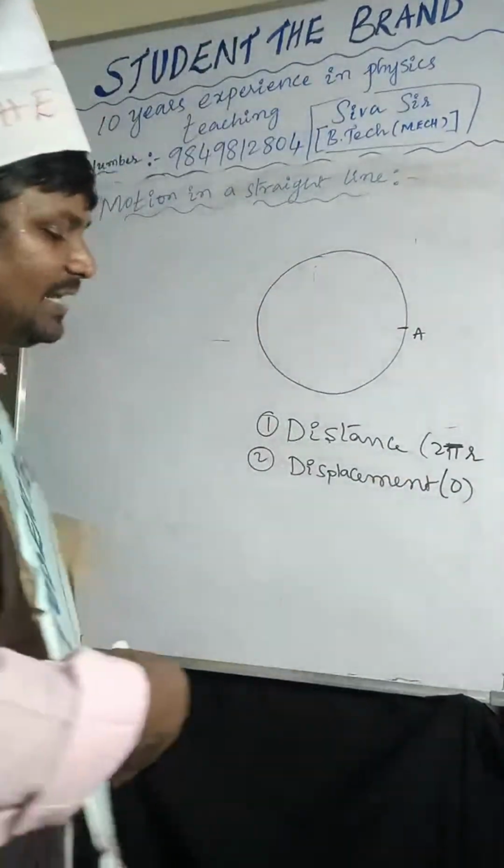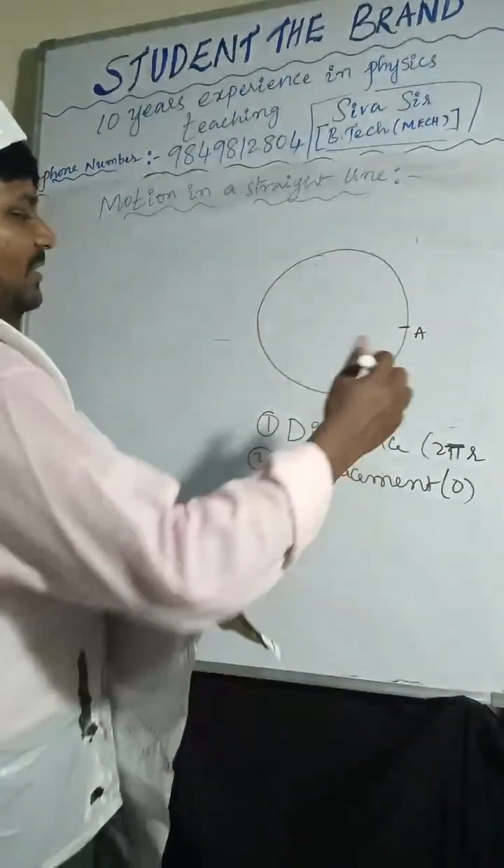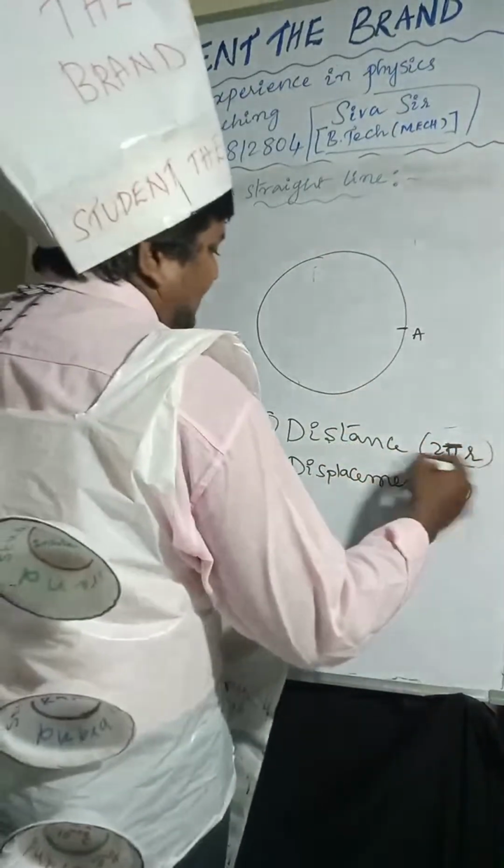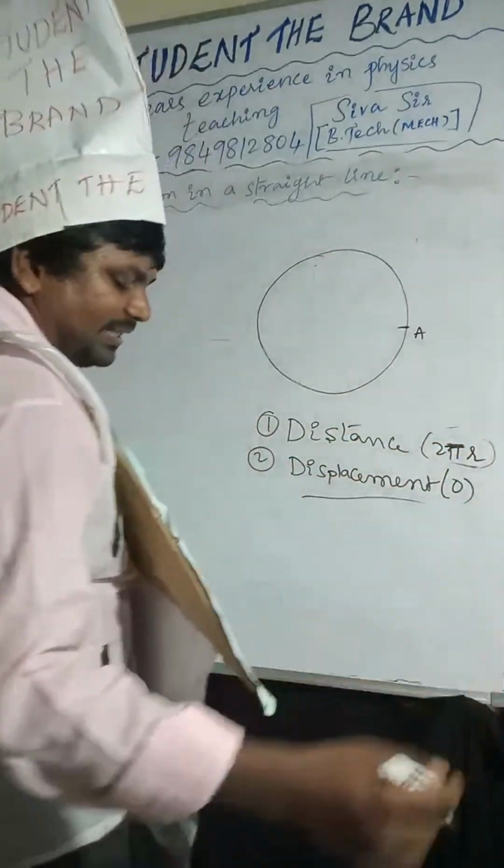Now we will discuss. In this case, distance is 2 pi r, displacement is 0.